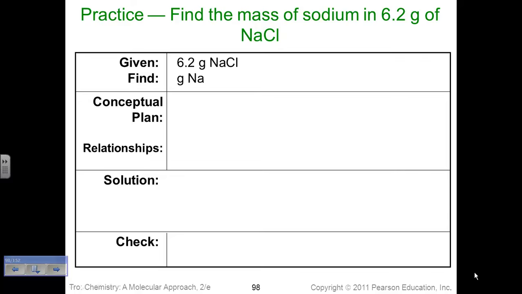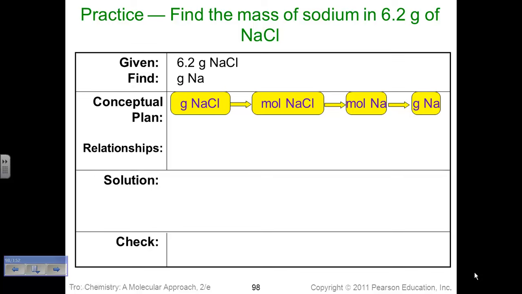That's table salt. And what we'd like to know is out of those 6.2 grams, how many of them are coming just from sodium? So the conceptual plan would show us we need to convert grams of NaCl into moles of NaCl, into moles of Na, back into grams. Here's some relationships that will allow us to convert. The molar mass of our table salt, 1 Na added to a Cl, we get 58.44 grams.